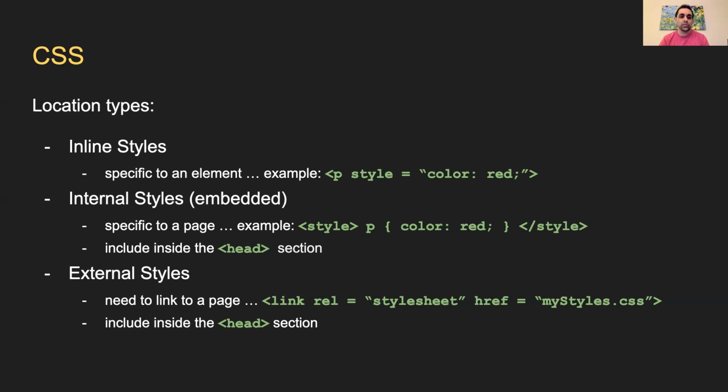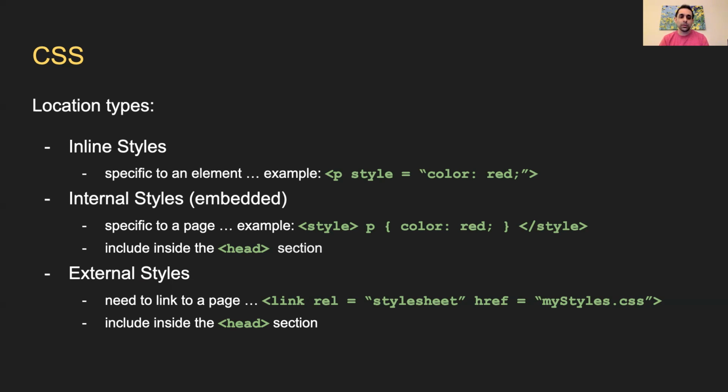And the href would be the name of your style sheet. So if my style sheet was named mystyles.css, that's the name I would give it. Again, this has to be in relation to your HTML document. In this case, I'm assuming my style sheet is right next to my HTML document. Likewise, the link element has to be in the head section as well.